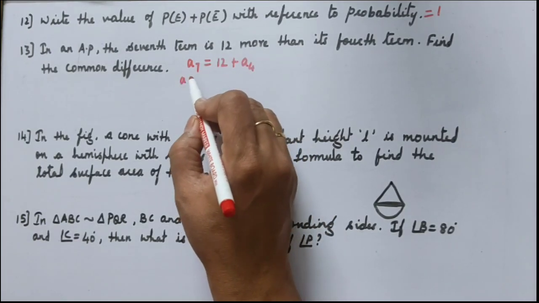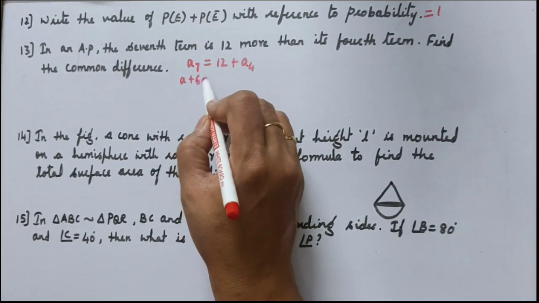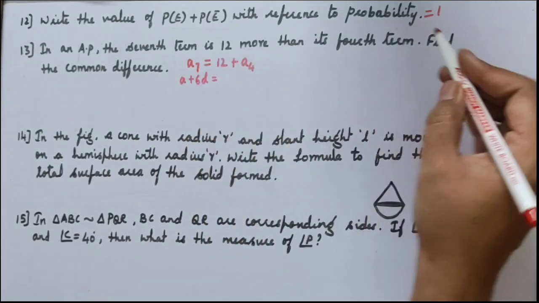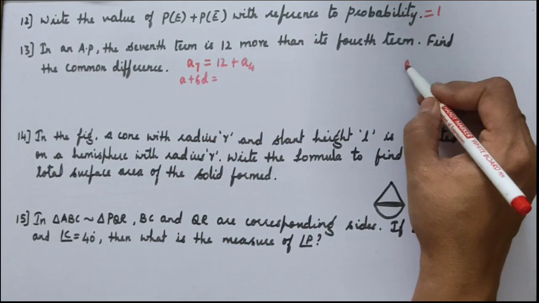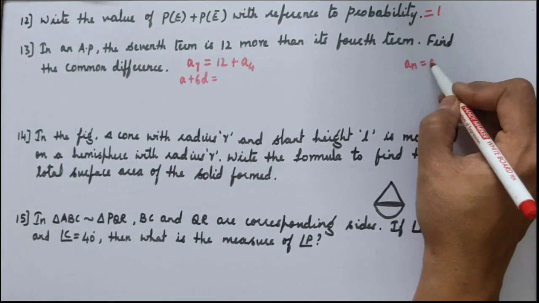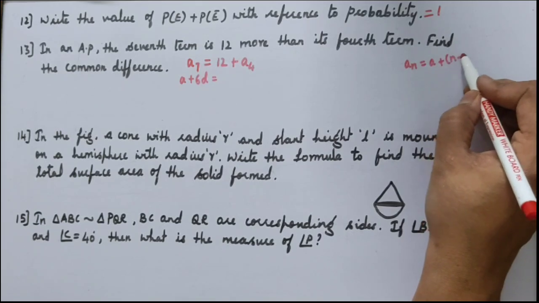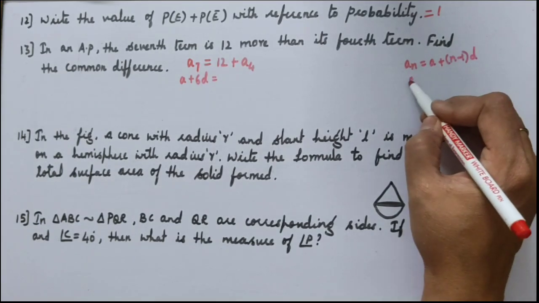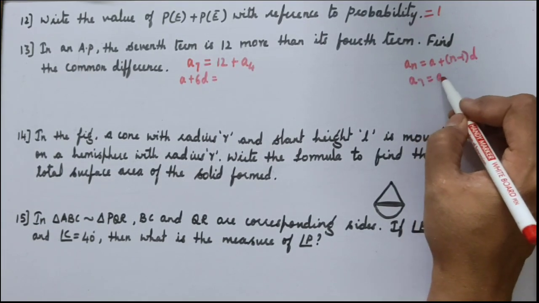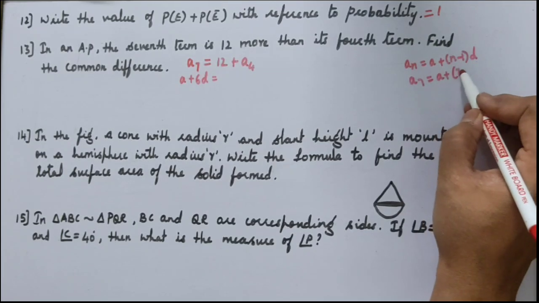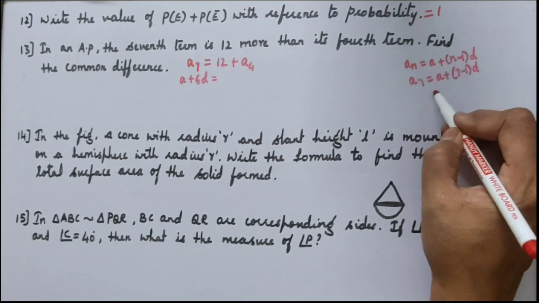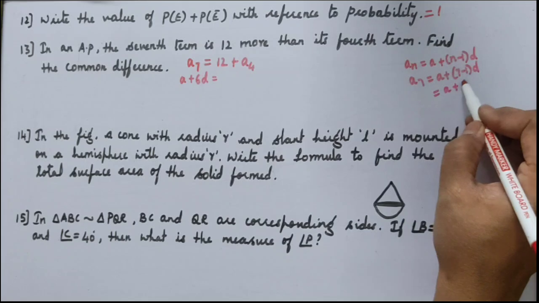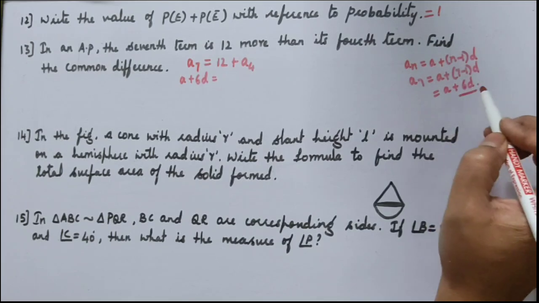A7 is nothing but A plus 6d according to the formula. The nth term formula is an equals a plus n minus 1 into d. A7 is equal to a plus, so n value is 7, 7 minus 1 into d, that is a plus 6d. This is how we get it.